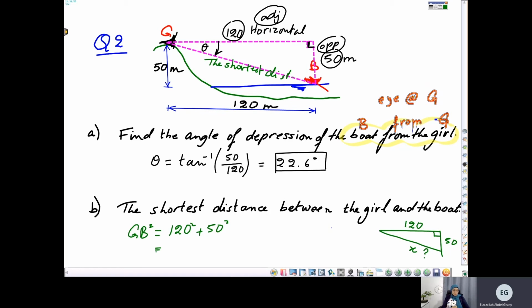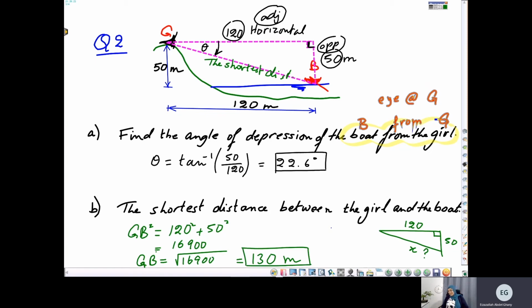So 120 squared plus 50 squared is equal to 16,900. We need to find GB. It is square root of 16,900. Just click square root of answer equals, oh, it will be 130. Is it in meters? Yes, it is.